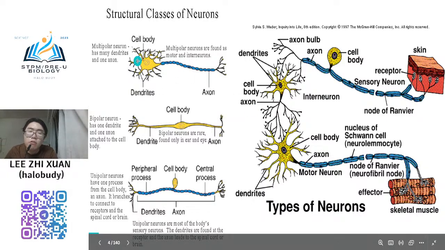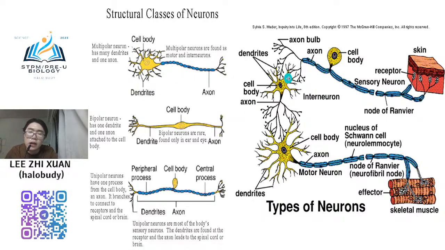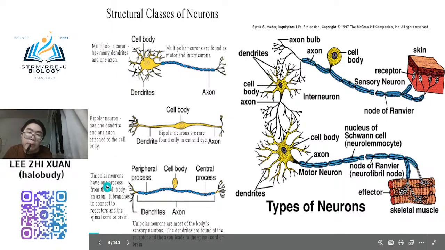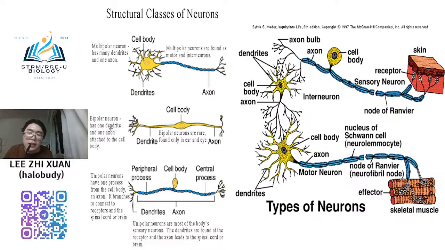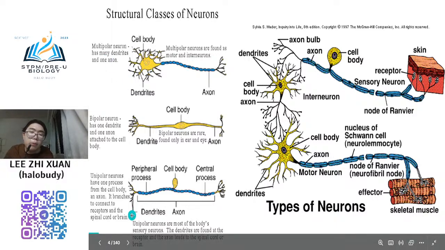If you still remember, there are 3 main classes of neuron: multipolar, bipolar and unipolar. Normally what you mostly see is multipolar and unipolar. Bipolar is very rare, and it is not in our syllabus, and you did not learn it in semester 1 either. But in semester 1 you already learned about multipolar and unipolar, right?